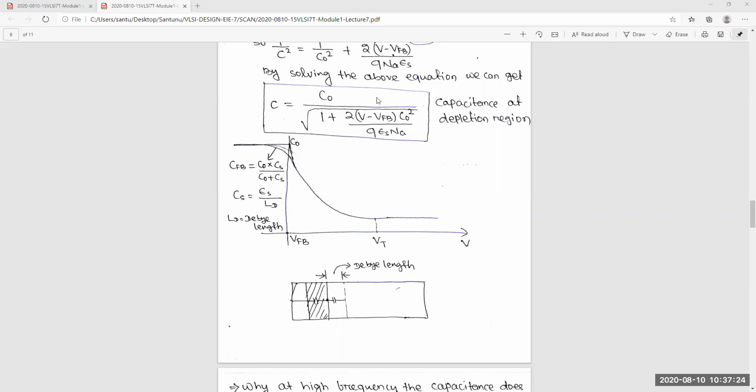Now if you increase this voltage, this part will increase. Once this part increases, the denominator will increase, then C will be less or not?